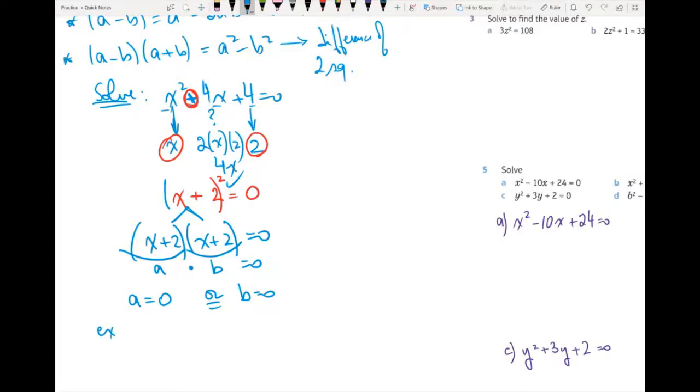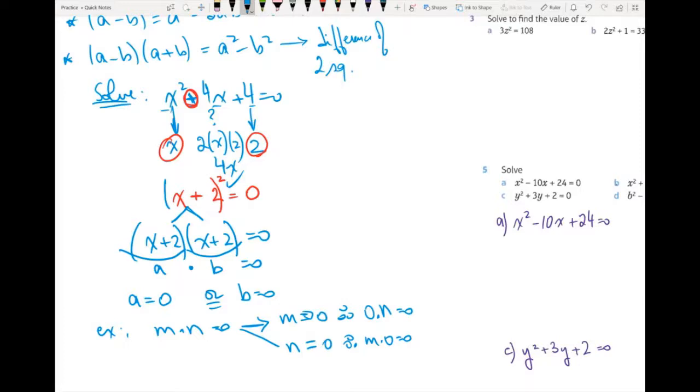Example, if I have m times n equals 0, so I have the first choice, m equals 0, therefore 0 times n is 0, or I have n equals 0, therefore m times 0 is 0.